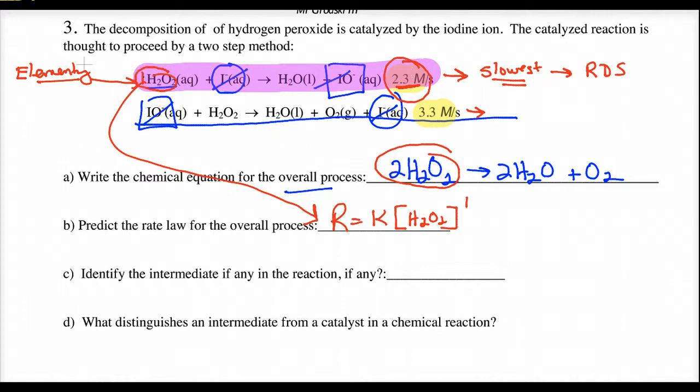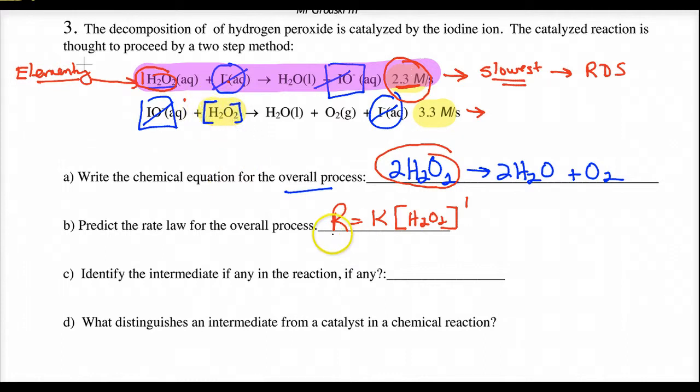Slowest step. Okay? And we could say the other H2O2 is a 0. It's not there. This H2O2 is not in the slowest step, so it's not part of the rate law. However, I will say you still need to what? Have it in order for the reaction to go. But the reaction rate, how fast we go, does not depend upon that second one.